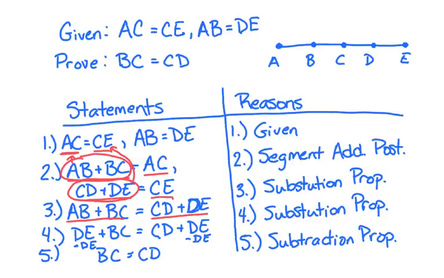For angles in the figure that are being added together, you're going to be using the angle addition postulate. So that's what two of your proofs revolve around: the segment addition postulate and the angle addition postulate.